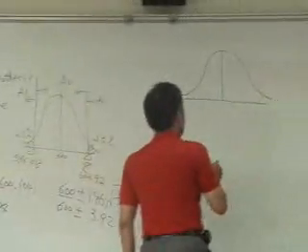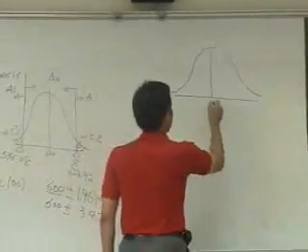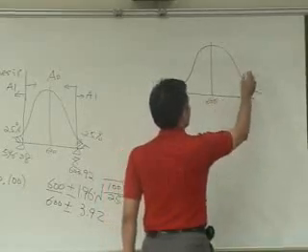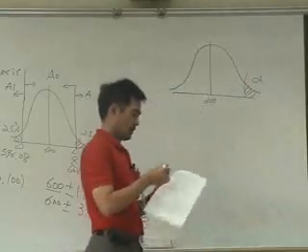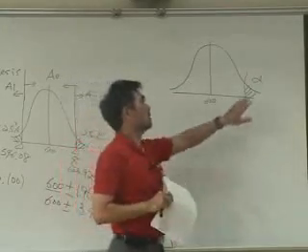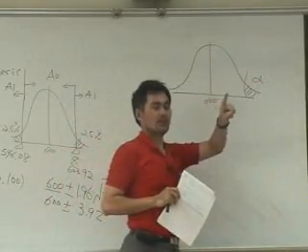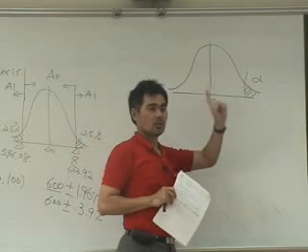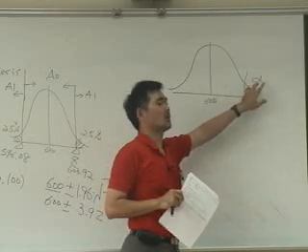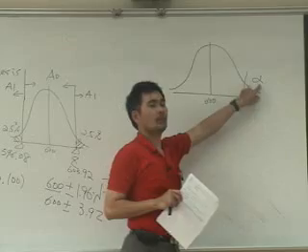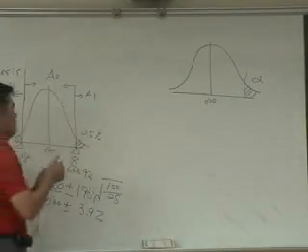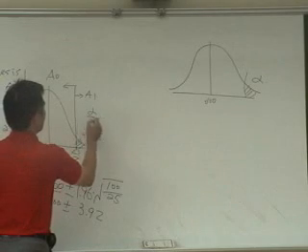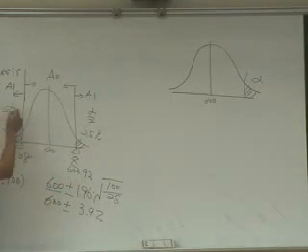Okay? So in this case, you're going to have the same thing, 600. And here it is alpha. Okay? Remember, when you talk about significance level, when it is one-tail test, here is alpha. When you talk about two-tail test, here it is alpha over 2, right? And here it is alpha over 2.